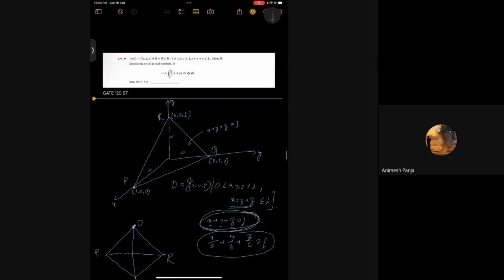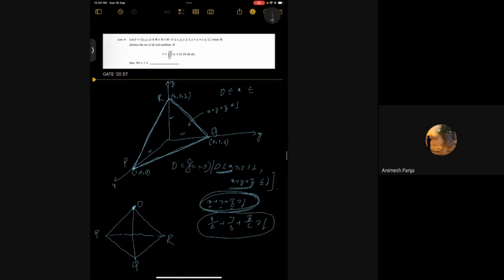Now if you look at this tetrahedron, I've just drawn the part of the plane that is of interest to us. I've not drawn the whole plane. Notice that x is non-negative, so the limits of x will be greater than or equal to 0.